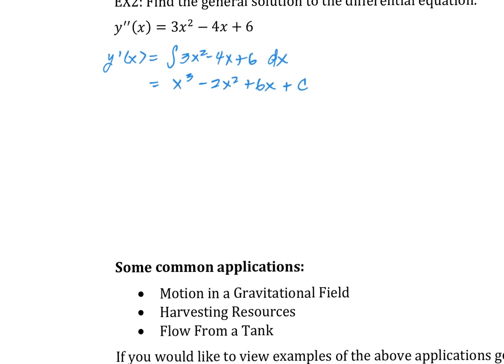Now to go from y prime to y, I have to integrate again. I'm integrating x to the third minus 2x squared plus 6x plus this constant c dx.